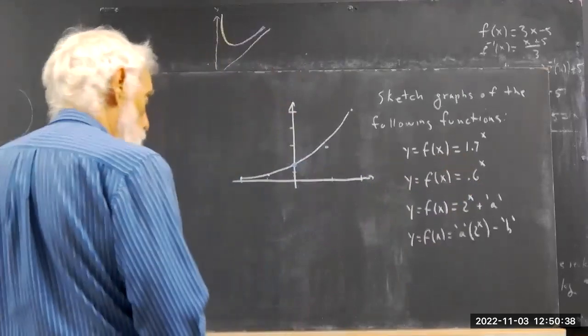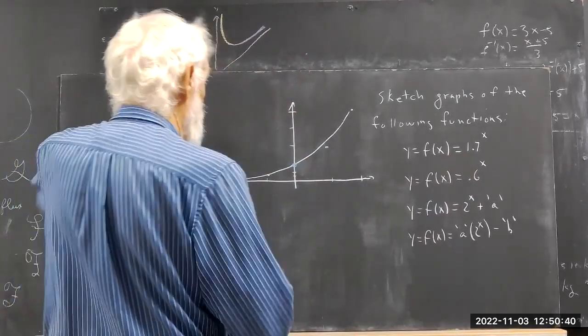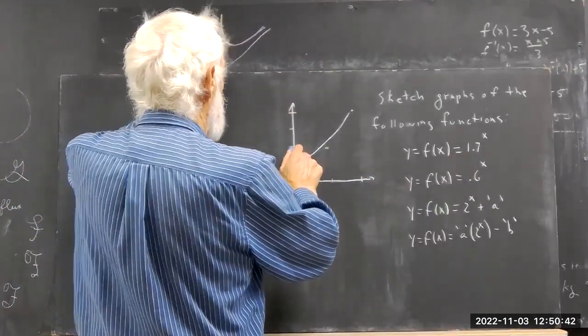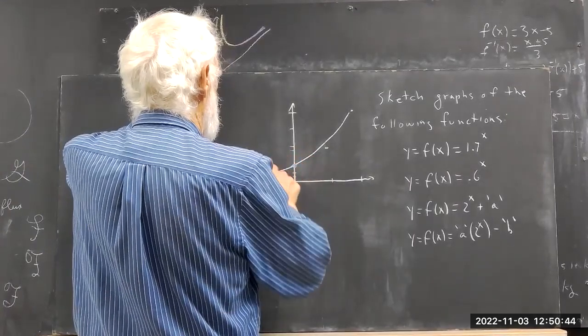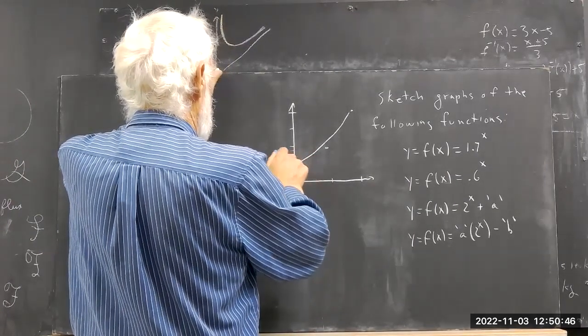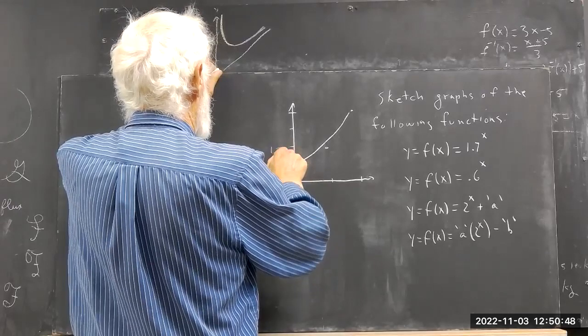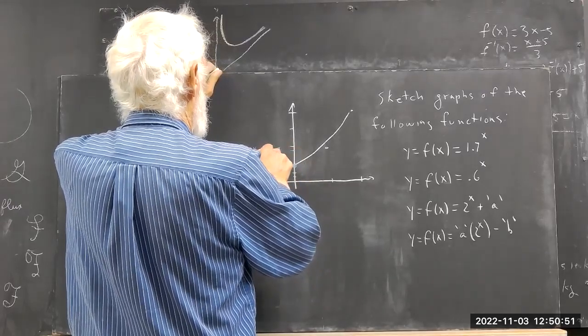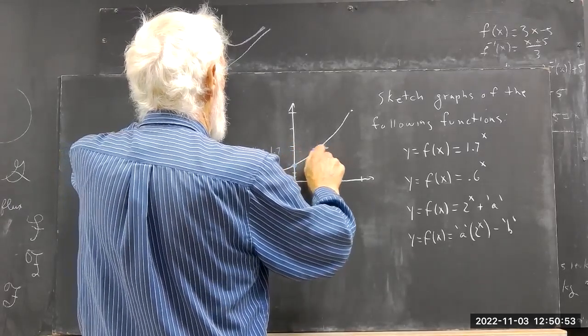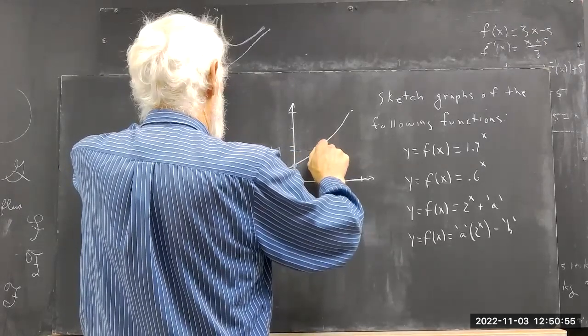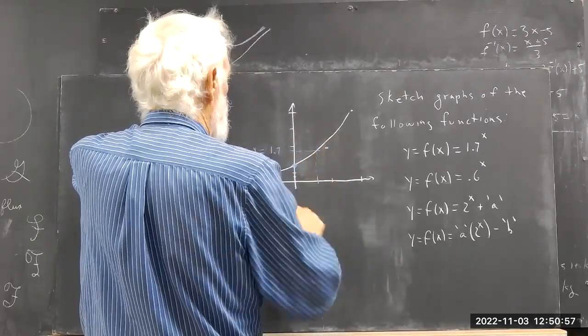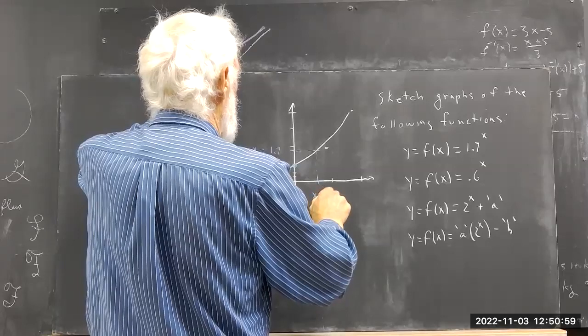Well, where's 1.7? 1.7 is here. Let's say that's positive. So here's where x equals 1.